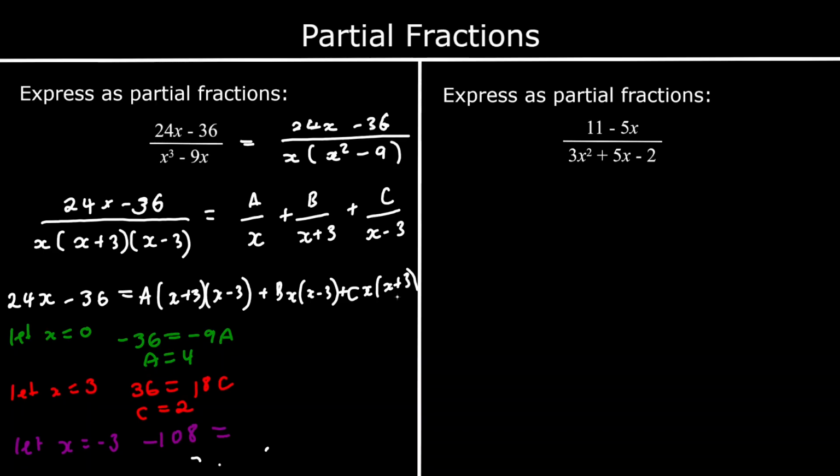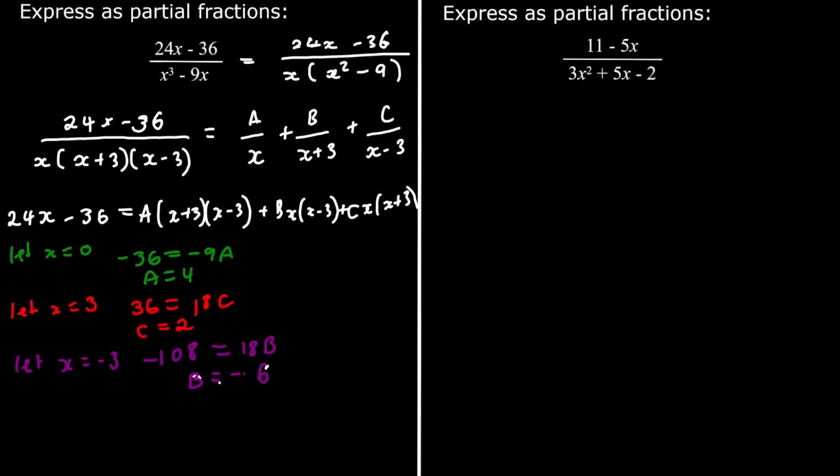A's gone and c's gone. So we've got negative 3 times negative 6, which is 18b's. And it is negative 6. So b is equal to negative 6.